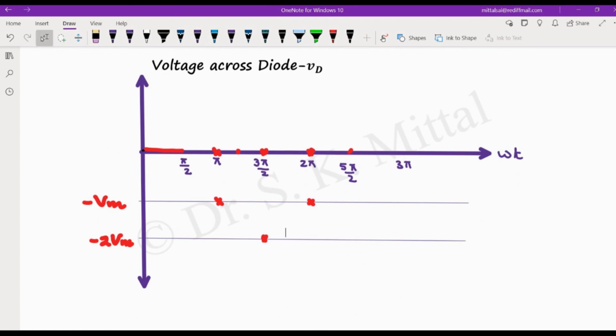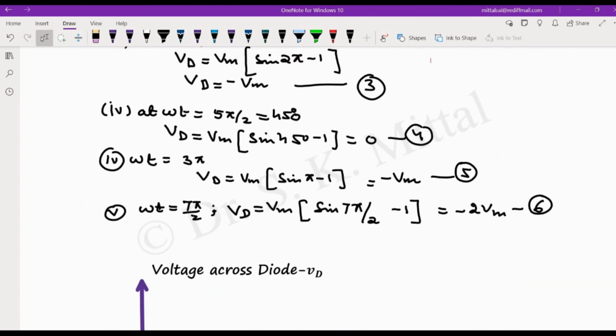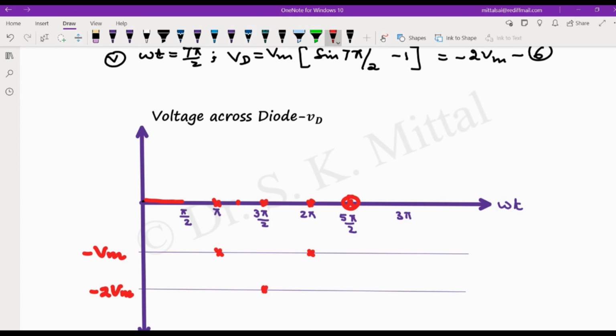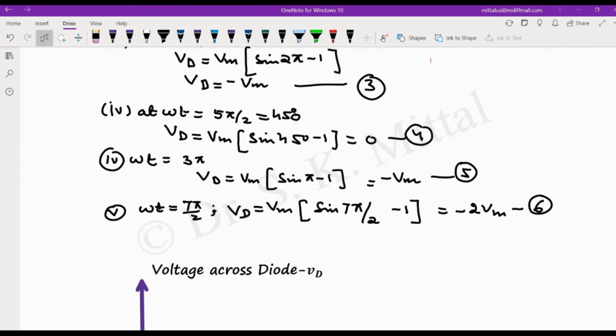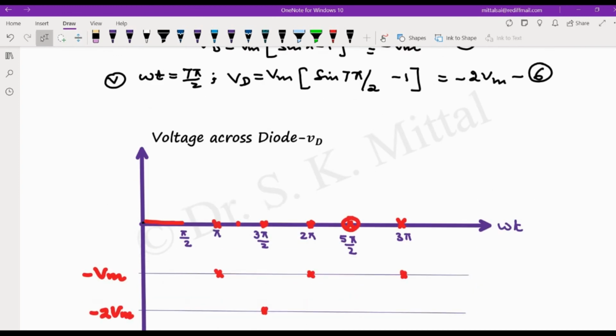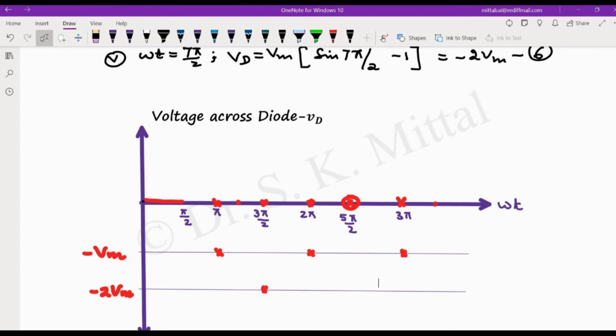Now at 3 pi, the value again becomes minus Vm. This is the point 3 pi, and again at omega t is equal to 7 pi by 2 it is minus 2 Vm. So this point will be 7 pi by 2, and here maximum voltage is minus 2 Vm.